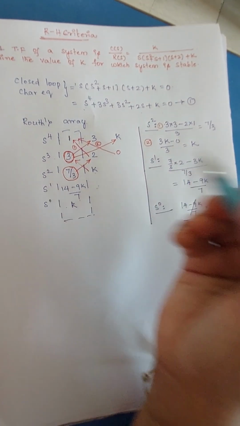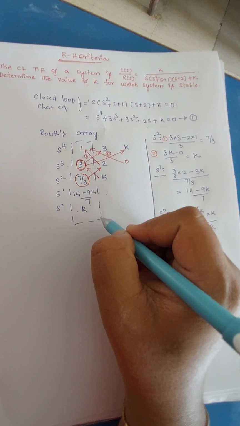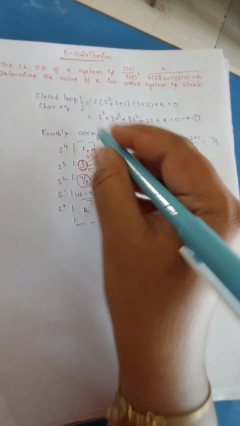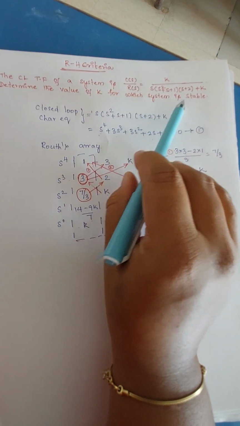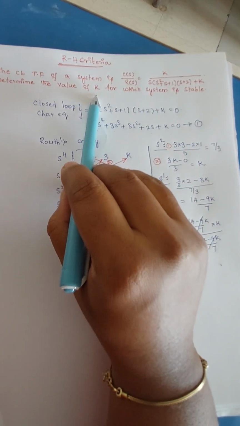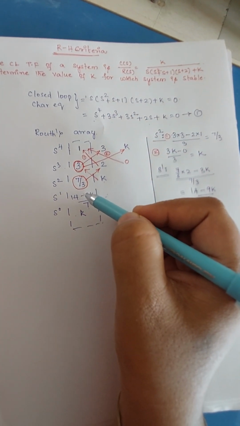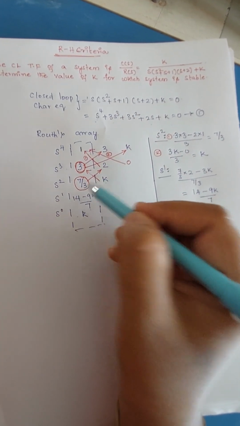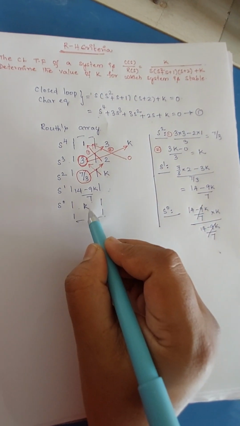Now coming to this first column of the Routh's array, we need to check what they have given in the question. If the system is to be stable, what is the value of k? For the system to be stable, the main criterion is that each and every element in the first column should be greater than 0.